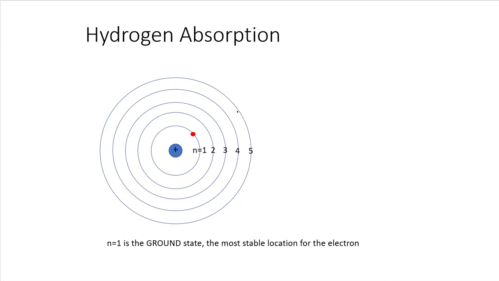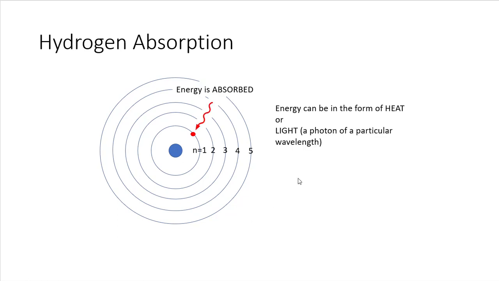So how do we actually move that electron from n equals 1 upwards? Well, we have to give that electron some energy. So energy is absorbed. When the electron takes in energy, that energy can either be in the form of heat, or we can hit it with a photon of light. We know that photons of light have an energy.